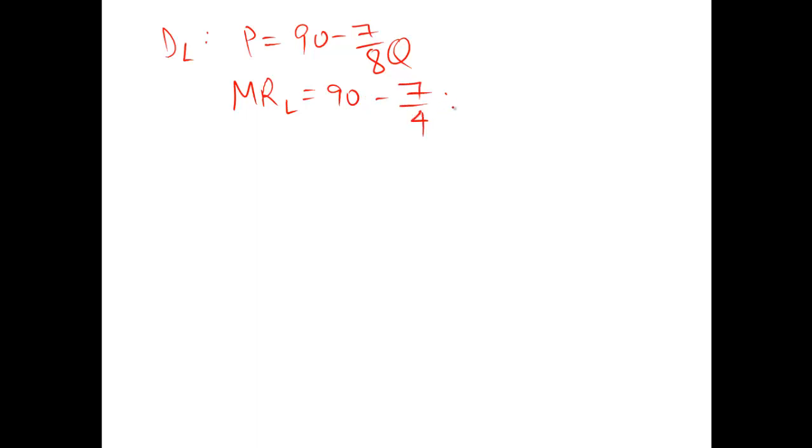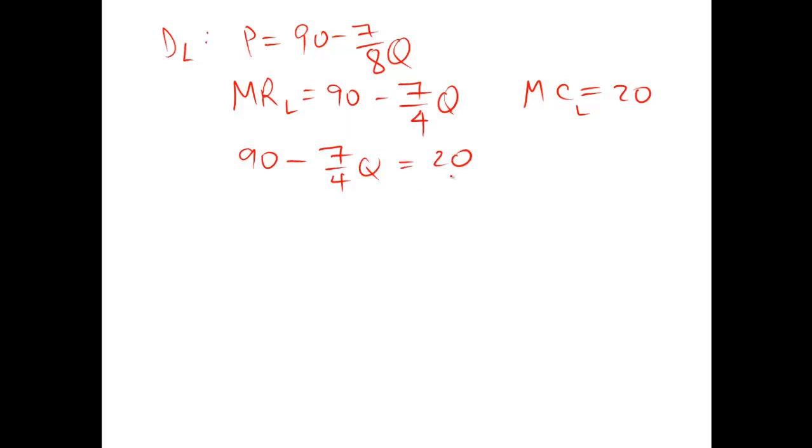Well, if leader demand is given by P equals 90 minus 7/8 times Q, then leader's marginal revenue has the same intercept and twice the slope, so 90 minus 7/4 times Q. If we set marginal revenue equal to marginal cost, and remember the leader's marginal cost is 20, then 90 minus 7/4 Q equals 20.